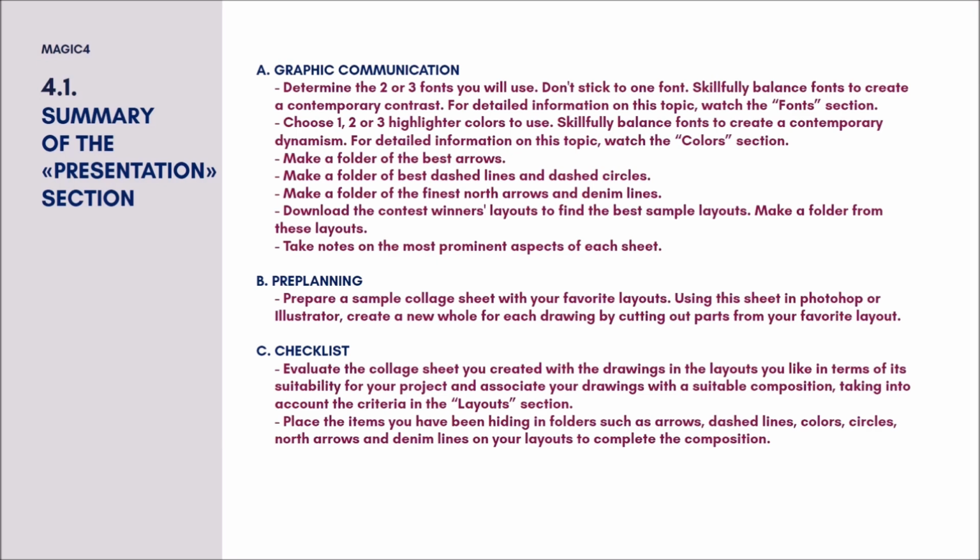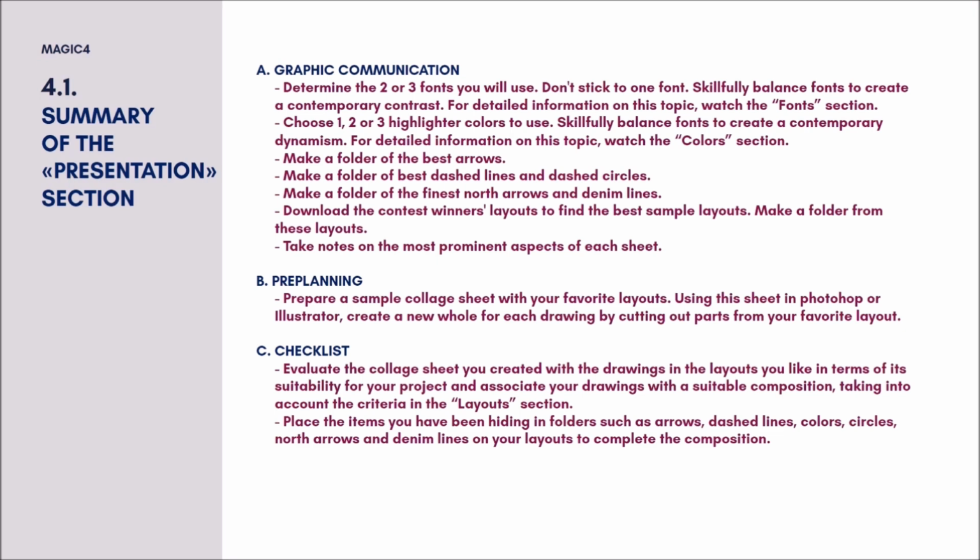B. Pre-planning. Prepare a sample collage sheet with your favorite layouts. Using this sheet in Photoshop or Illustrator, create a new hole for each drawing by cutting out parts from your favorite layout. C. Checklist.